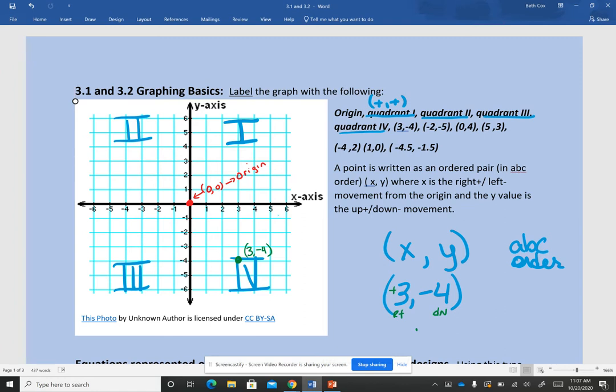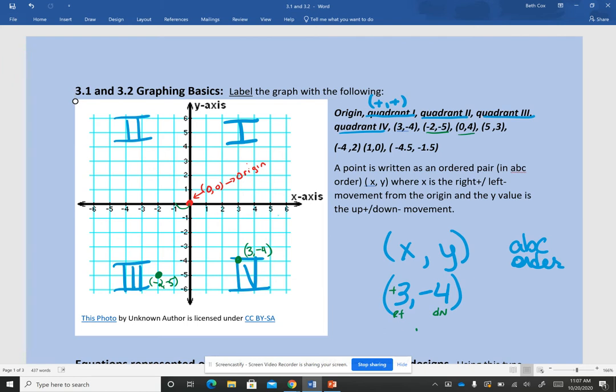Then we have negative 2, negative 5. So that's 2 left and then 5 down. 1, 2, 3, 4, 5. So there's that point. Then 0, 4.